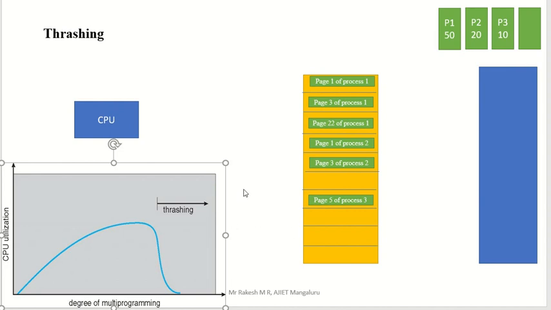So in order to avoid thrashing, we have two methods: one is the working set model, another is page fault frequency. What do you mean by working set model and page fault frequency?